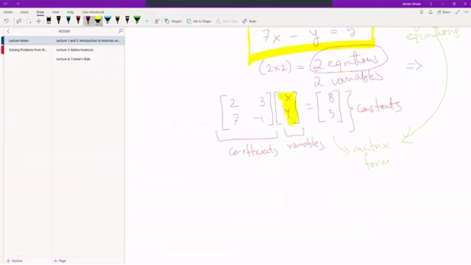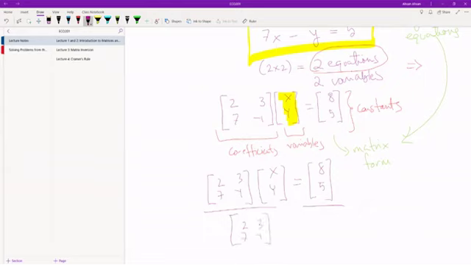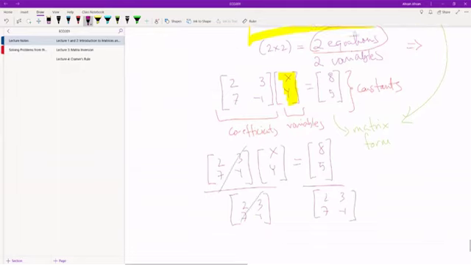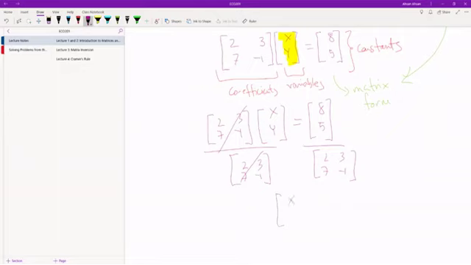So what we would do in regular algebra is divide both sides by this, which means this and this cancel out, and we are left with just x and y, which is equal to, and here's where we run into a problem, because this doesn't make any sense.